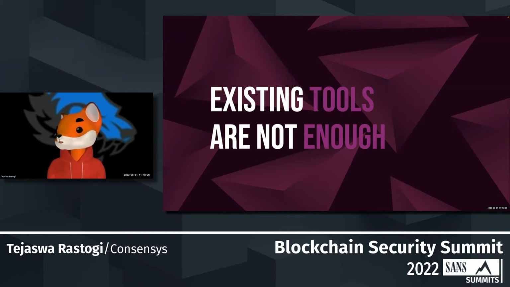All right. So what do we want? Obviously, we want these types of attacks to be detected, and not just detected but prevented, and possibly stopped. So we need to find a solution.